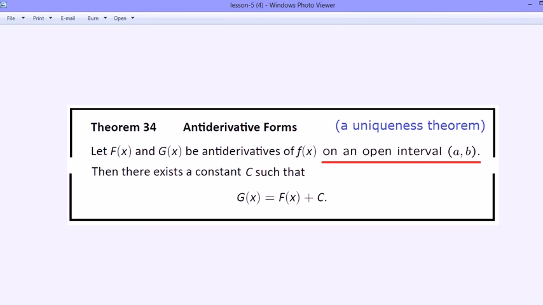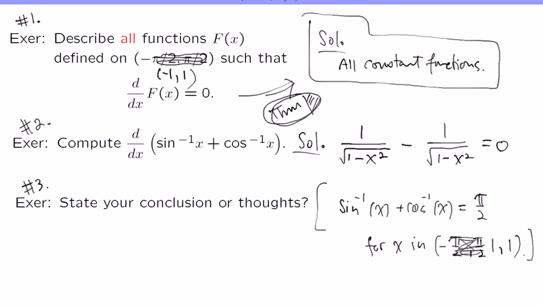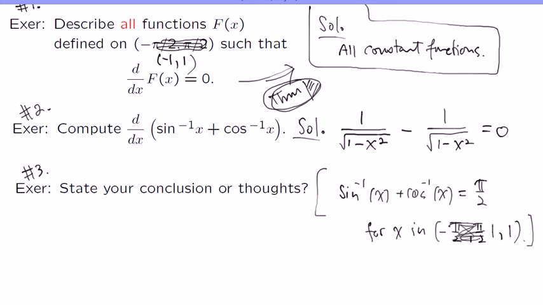I'm going to introduce this as an important theorem. If you have derivative 0 on an open interval, it must be a constant function, right? That can be rewritten into the result that I just showed you. All right, and the proof of this theorem uses the mean value theorem, which is usually thoroughly introduced in a Calculus 1 course.